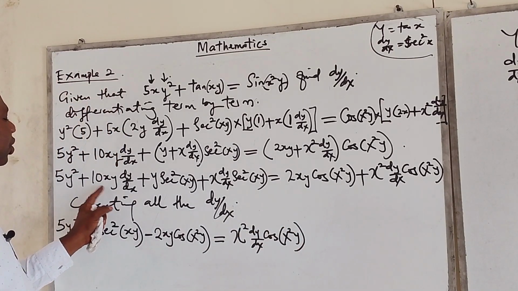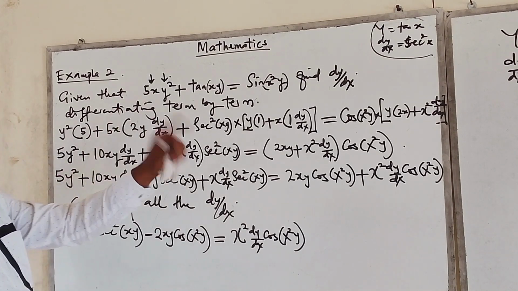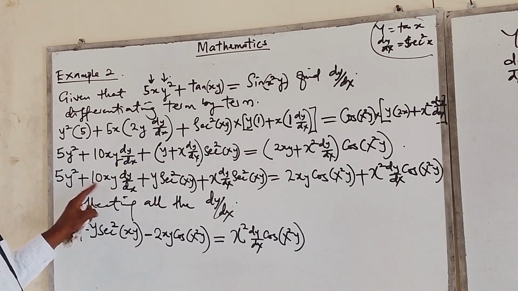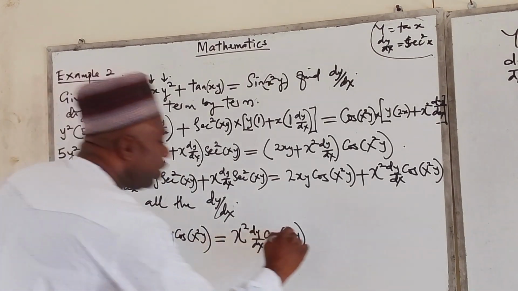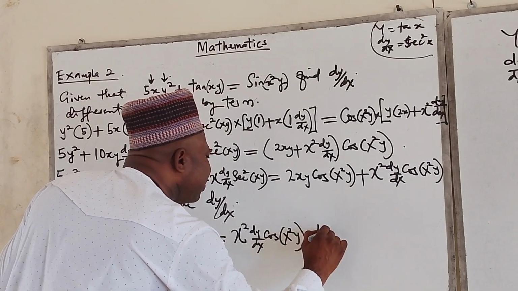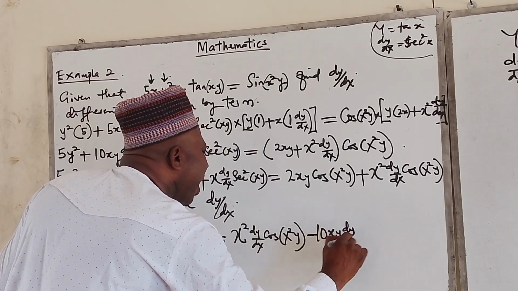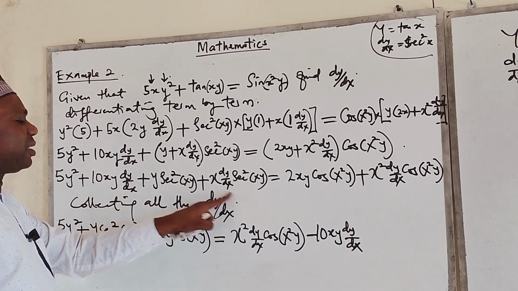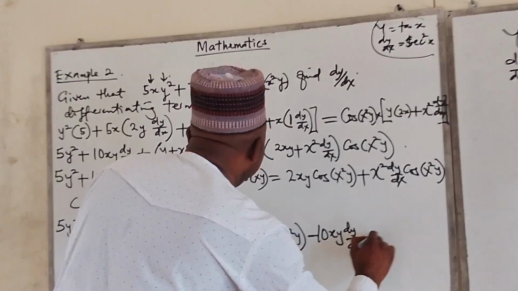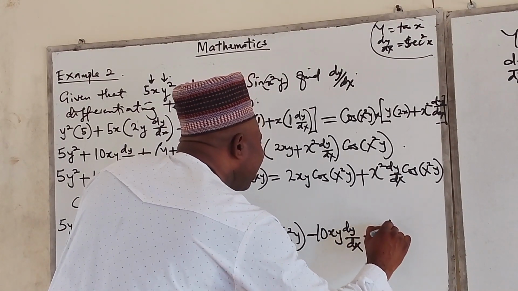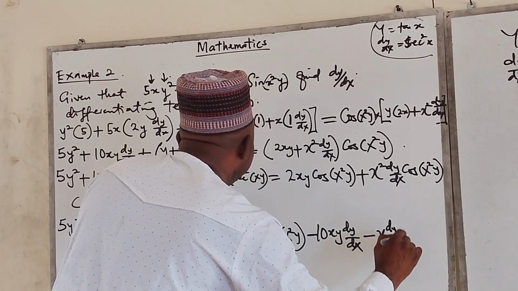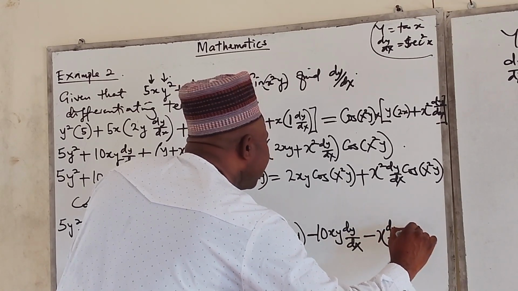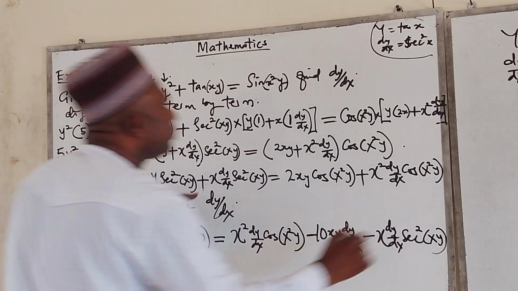Now I'm taking all the functions with dy/dx to the other side. So this is plus 10xy dy/dx; taking it to the side, you have minus 10xy dy/dx. Now this is another function with dy/dx, so taking it to the other side, you have minus x dy/dx sec squared xy.